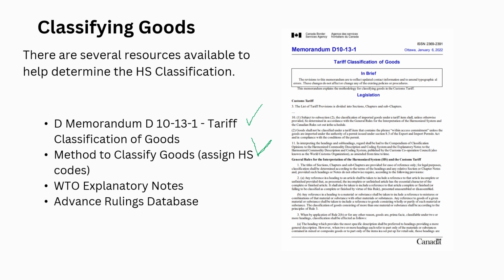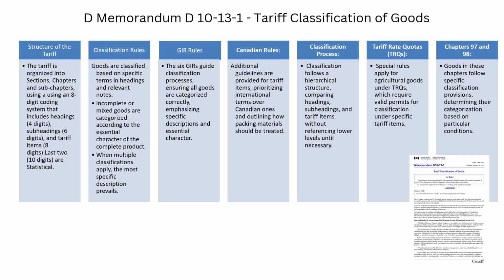And then we are going to go over the WCO explanatory notes and also the advance rulings database. The D-Memo 10.13.1, by the way, you can find it on the CBSA website under the customs D-memoranda.